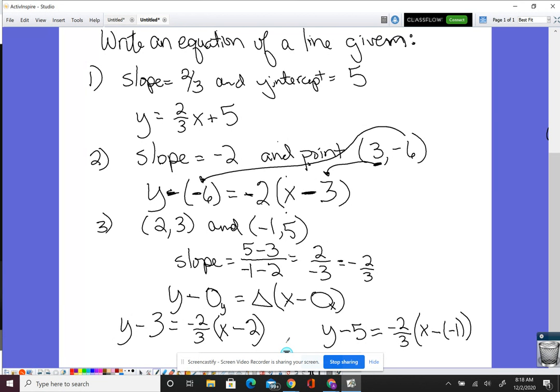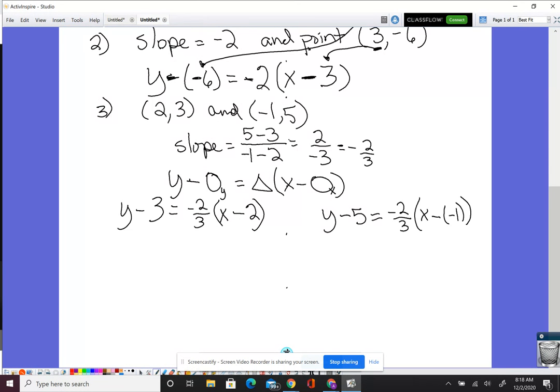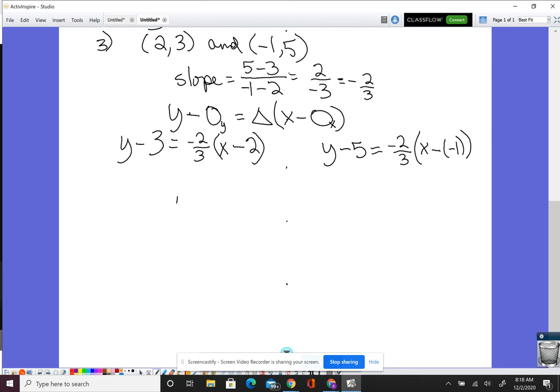The first type of problem that you are going to have, if I ask you to write an equation of a line from this graph, can you tell me the y-intercept?